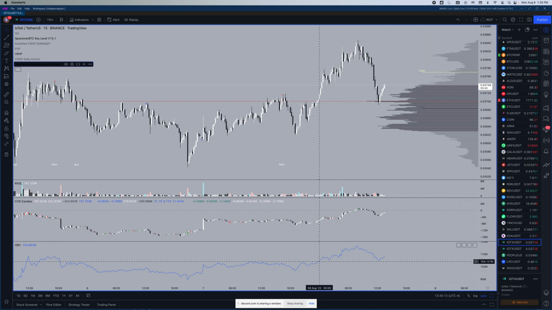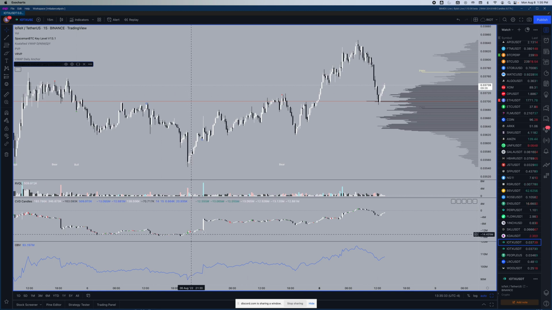Both the OBV and this cumulative volume delta, you really, really want to have Binance charts. So for the cumulative volume, I have it set up so up or buying is white, selling is black, and then these are divergences.